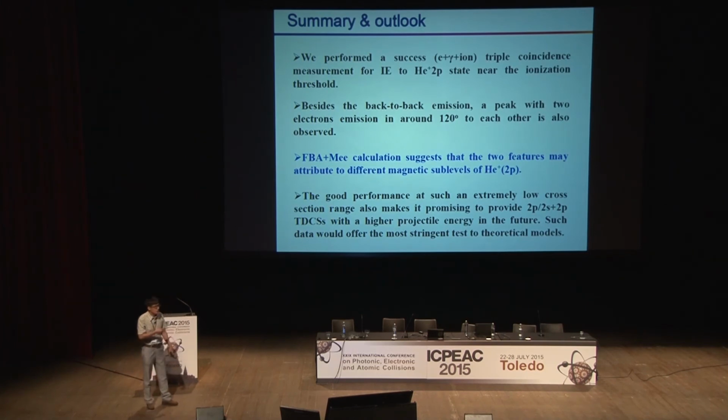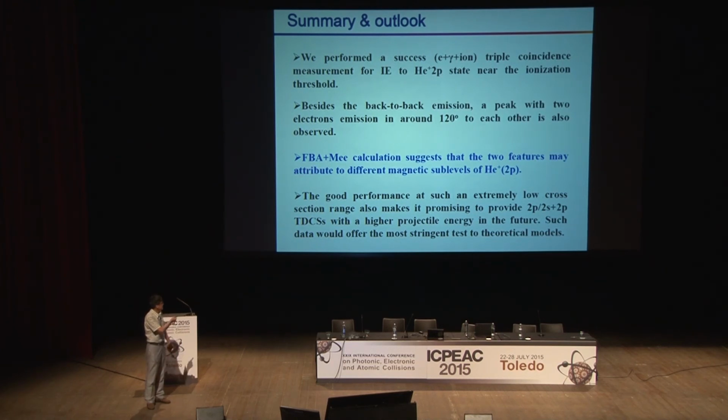Then the summary and outlook. We performed a successful kinematically complete measurement for ionization excitation to 2p near the ionization threshold. In our measurement, both the principal quantum number and the angular momentum quantum number are determined.